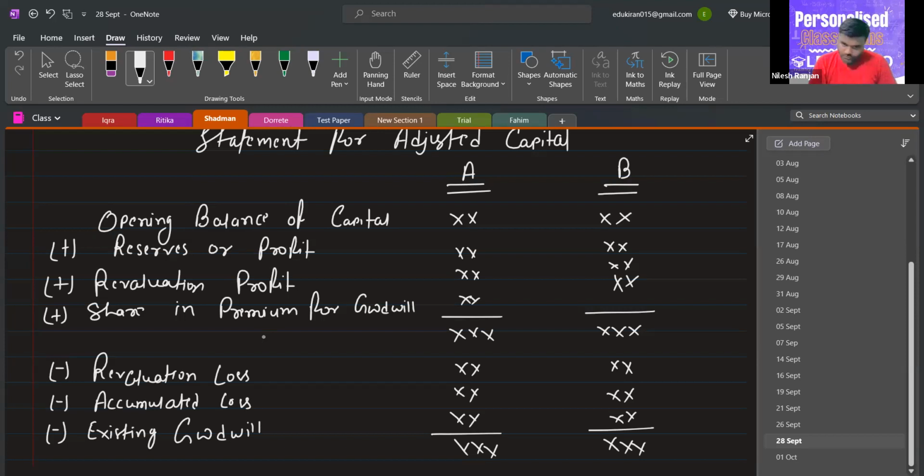If you have any confusion about revaluation profit, then study the revaluation concept that we did before this concept. If you have any doubt about reserve or profit, then go for the accumulated profit, reserves or accumulated loss concept. If you have any doubt about goodwill, then go for hidden goodwill, existing goodwill or valued goodwill concept.